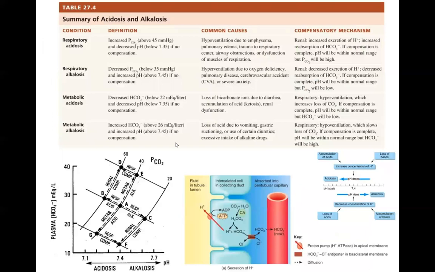Now, to summarize, there are actually four major forms of acid-base disturbance: two different acidosis conditions, respiratory and metabolic, and two different alkalosis conditions, respiratory and metabolic. These happen fairly frequently, due to different things.